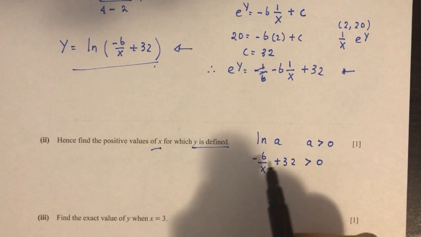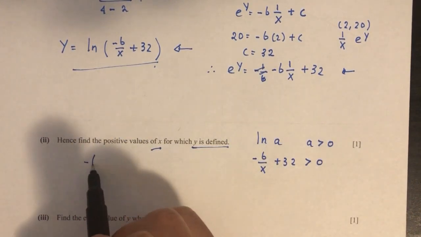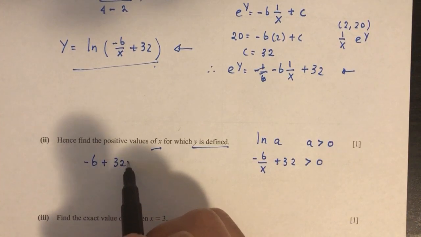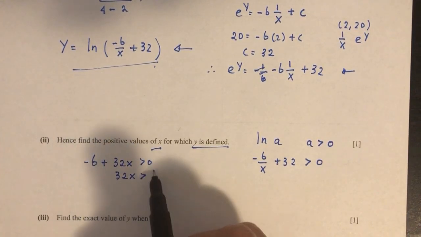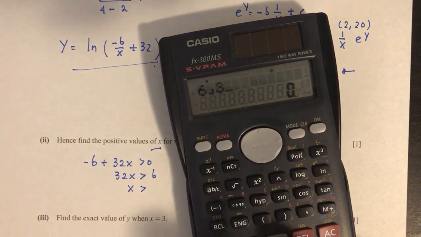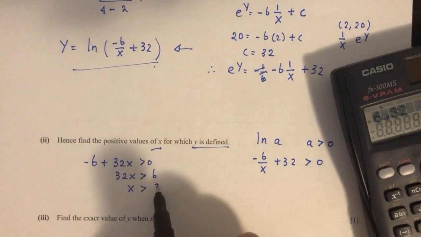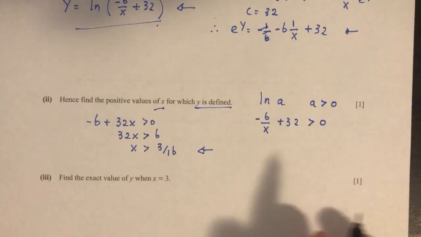So we have to make x the subject of the formula, so we have to multiply x everywhere. We have minus 6 plus 32x bigger than 0. 32x is 6, so x is 6 over 32. That should be 3 over 16. That will be part 1.